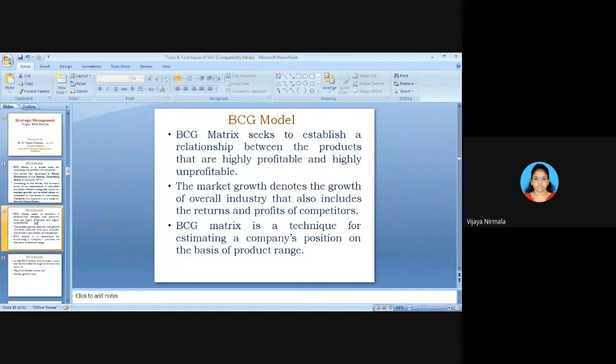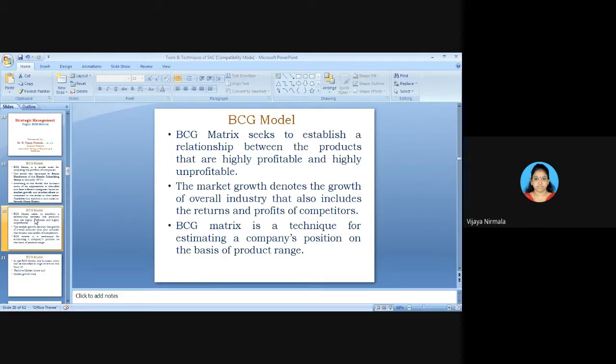So this technique not only estimates the company's position, it also helps an organization to analyze its products and services so that various important decisions can be made about the ones it should invest in and the ones it should divest its money from. So it tells in which area we should invest money and in which area we should not invest money.